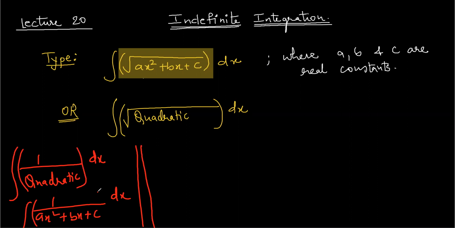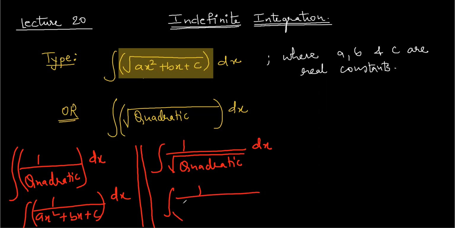Then we did integral 1 upon root quadratic, that is 1 upon square root of ax square plus bx plus c dx. And this type we learned when we did the set 2 theories.